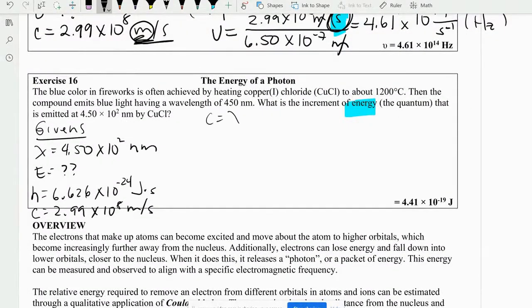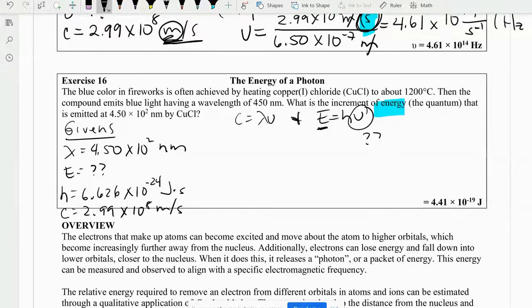We've got C equals, or speed of light equals wavelength times frequency, and energy equals Planck's constant times frequency. So at the end of the day, we were trying to solve for E. But notice in our givens, we were never given frequency. We have no idea what it is. But we do know H. That's a constant that's been given to us. We just don't know frequency.